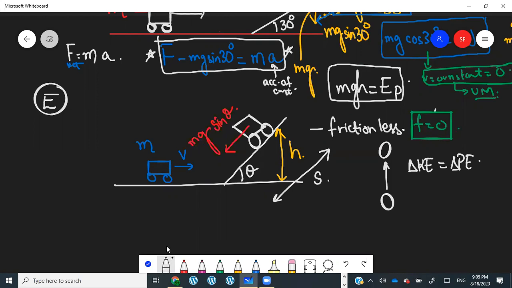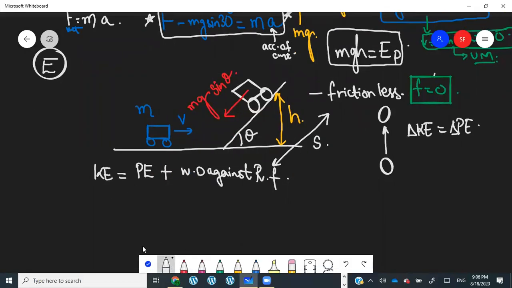So the total energy that it had initially was kinetic energy, right? This kinetic energy got converted into two types. First, it got converted into gravitational potential energy, because it's gaining height. And secondly, it got converted into work done against the resistive forces. The value for kinetic energy is half mv squared. The value for potential energy is mgh.